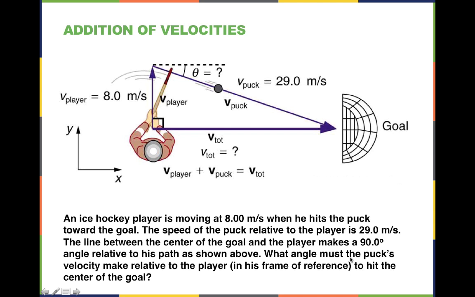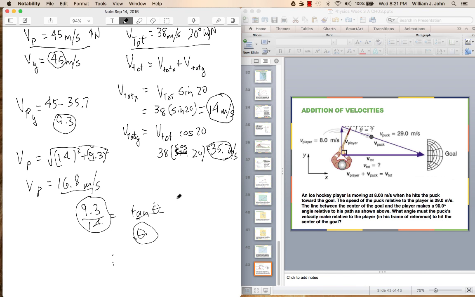What angle must the puck's velocity make relative to the player to hit the center of the goal? So the question is, what is this angle right here? So this is how we would do it.